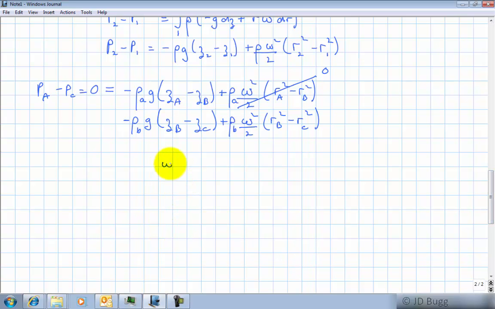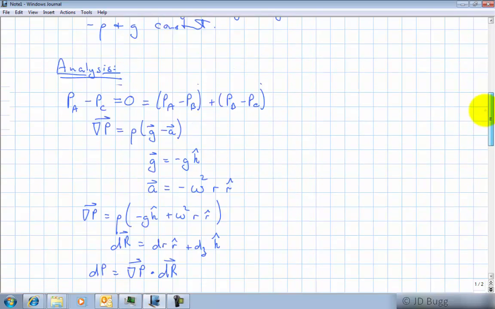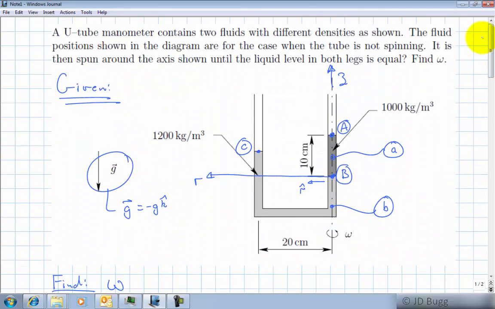So when this is spinning, ZC will equal ZA. So go back and take a look at that. That's the whole premise that this problem is done under. So the fluid position shown in the diagram is a case when it's not spinning, it is then spun around the axis until the liquid levels in both legs are equal. In other words, ZC equals ZA.